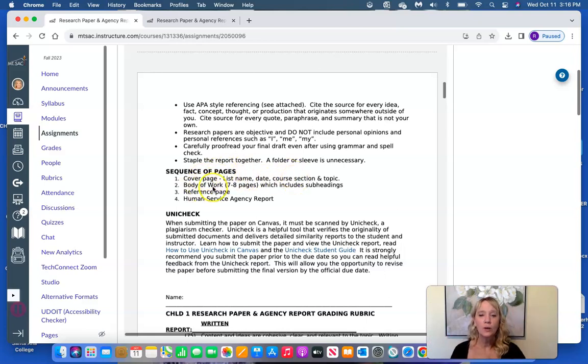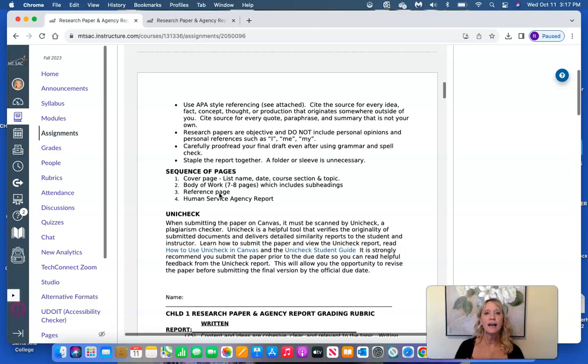The body of the work will be 7 to 8 pages. Within the body of the pages will be those subheadings, to break it up. Then the third part will be the reference page. That's the last of your research paper.